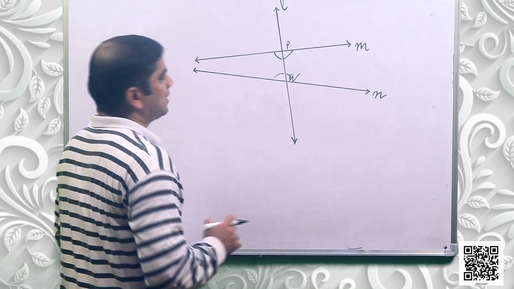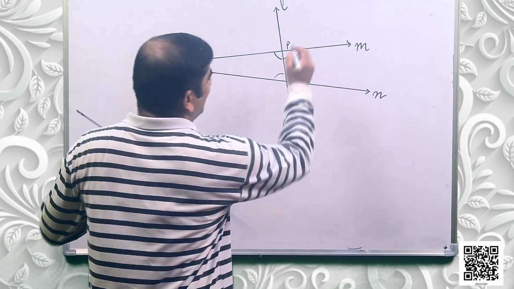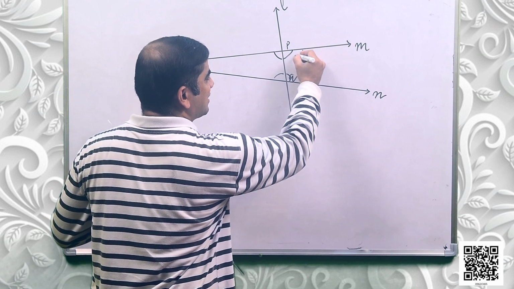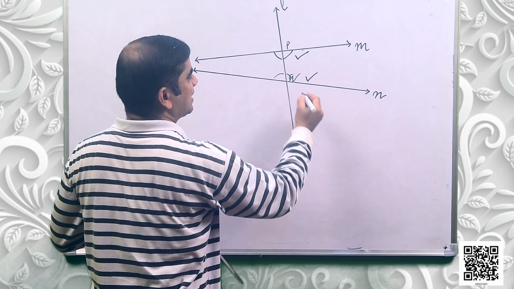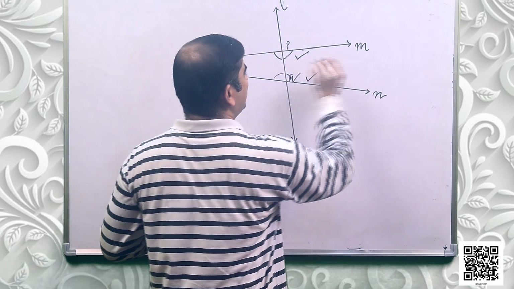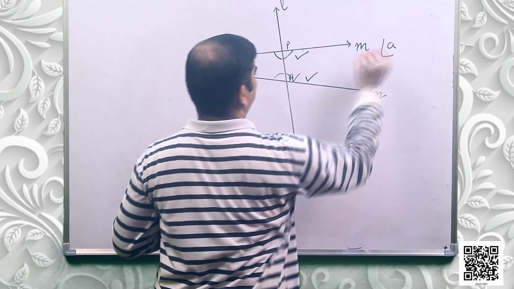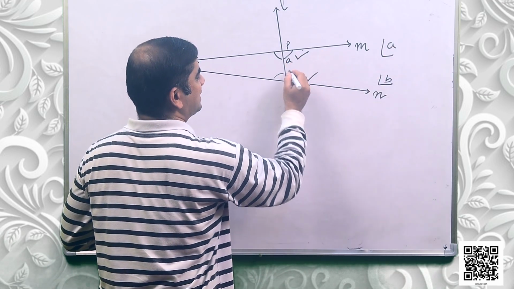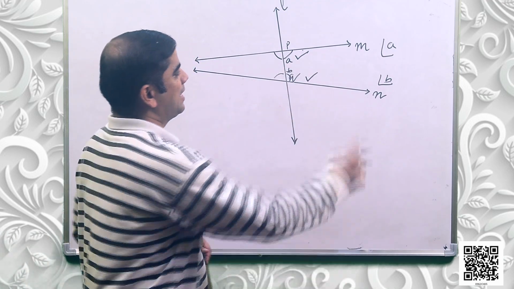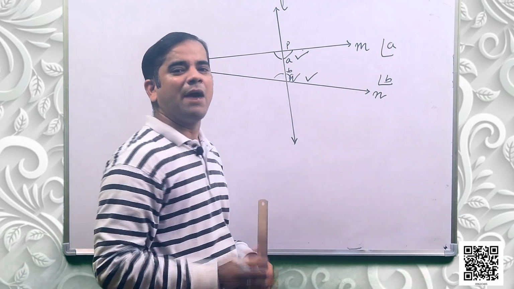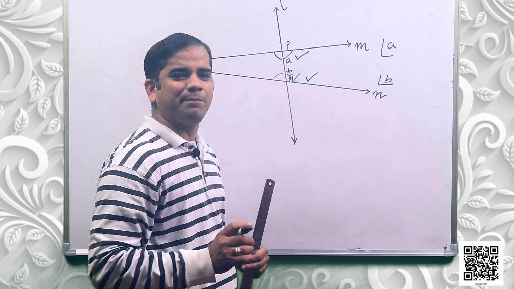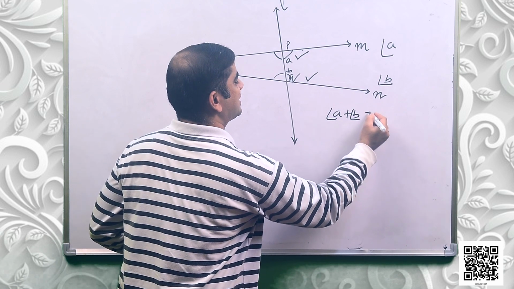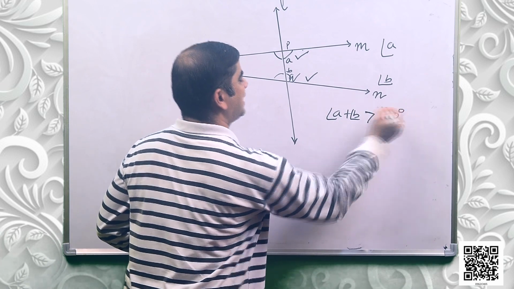As per the postulate, we can clearly see that the sum of these two angles, suppose this is angle A and this is angle B. We have already proved while discussing postulate 5 that angle A plus angle B is greater than 180 degrees.